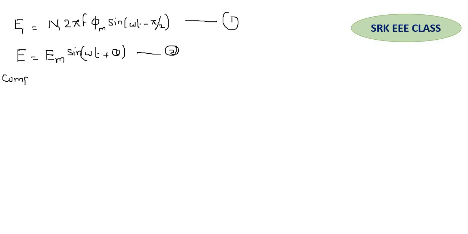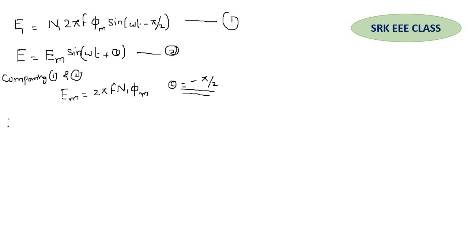Comparing equation number 1 and 2, it is clear that the maximum value is 2 pi f n1 phi m, and the value of theta is minus pi by 2.